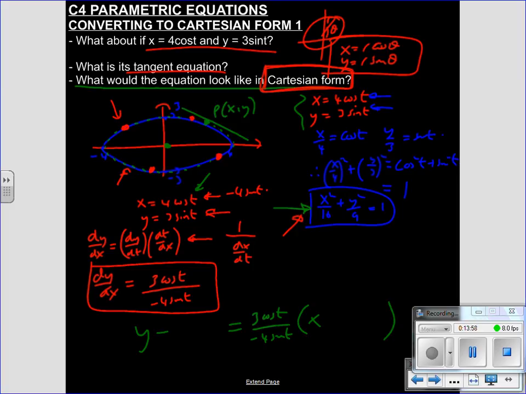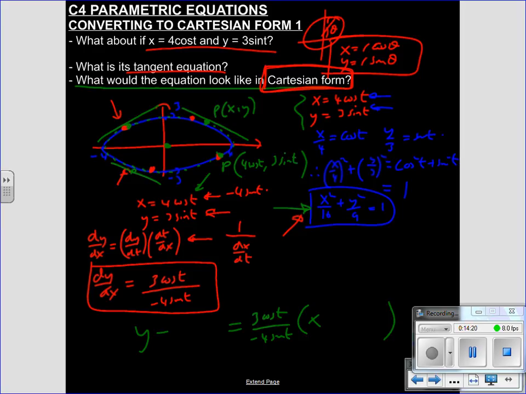So if p is here, or if p is here, that's a tangent, or if p is here, that's the tangent. Do you see? So I'm giving a general tangent equation. And the point P anywhere is x, y, isn't it? But we've just said x is 4 cos t and y is 3 sine t.